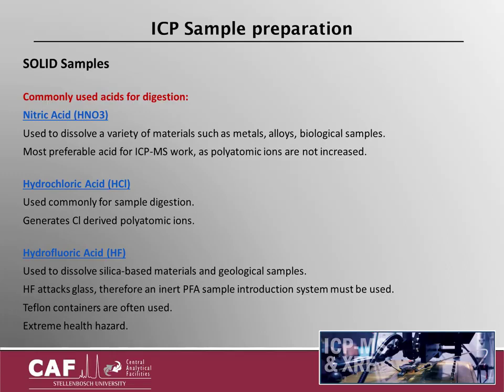You can neutralize HF acid with boric acid, but it's not always very efficient, and we do not want to accept samples that have been digested with HF due to the problem of instrument glassware being damaged.